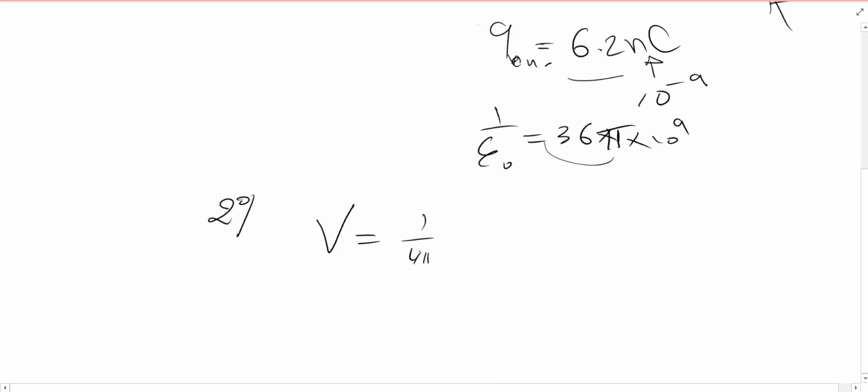Okay, 1 over 4 pi epsilon naught times whatever charge you're considering. I know we have 2 charges, so it's Q1 or Q2, divided by the distance of where we're calculating the potential. So all you have to do is just plug in the numbers in here. So I really don't see a lot of thinking in here. Obviously a lot of you got it correct.